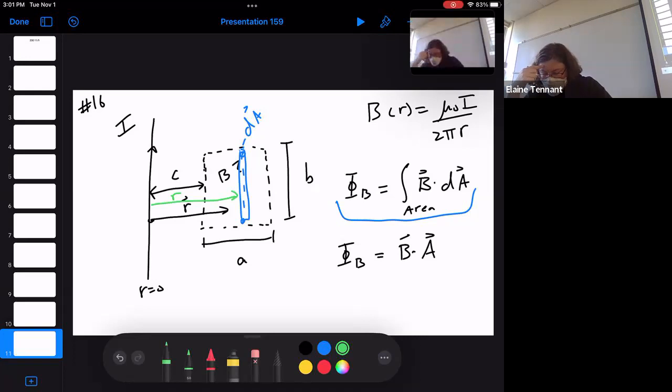And in fact, we could say this has width dr. Makes sense? And if each chunk has width dr, could we express dA in terms of something else that I've written down here?